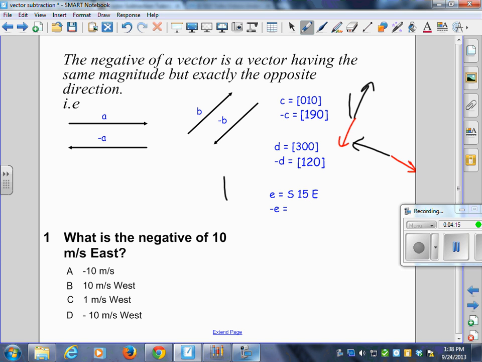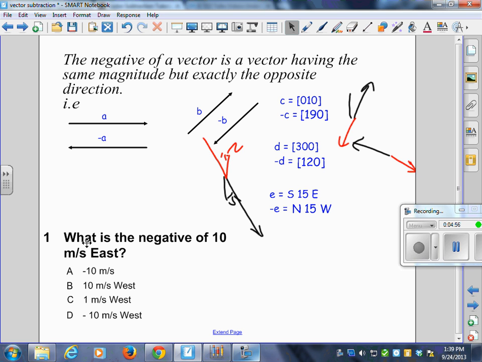South 15 east, right? Exact opposite is going to be like that. North 15 west. I think that's what Jason said. Am I right? Exactly. North 15 west. Okay? So that's sort of the rules for doing the flip. Add or subtract 180. If it's this kind of thing, then all you do is south becomes north, east becomes west. Or vice versa. All good?